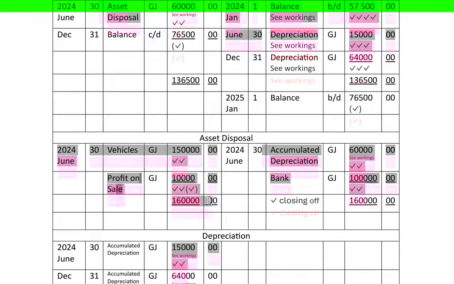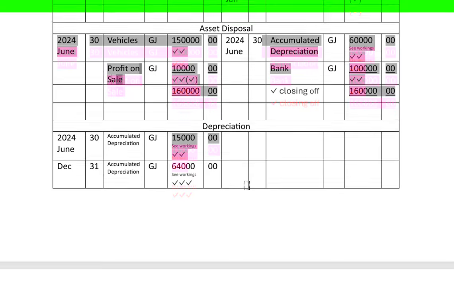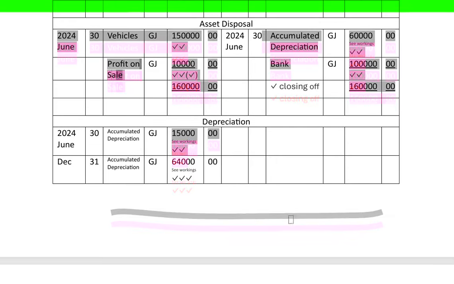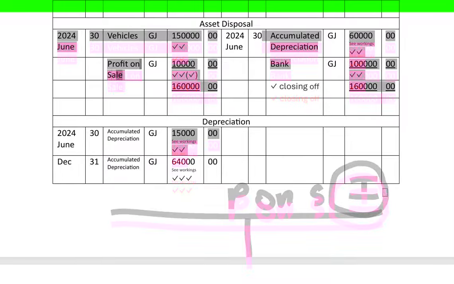Then we close off this account, and the asset disposal has been closed off to an account called profit on sale, and a profit on sale is income, an increase in income, 10,000.